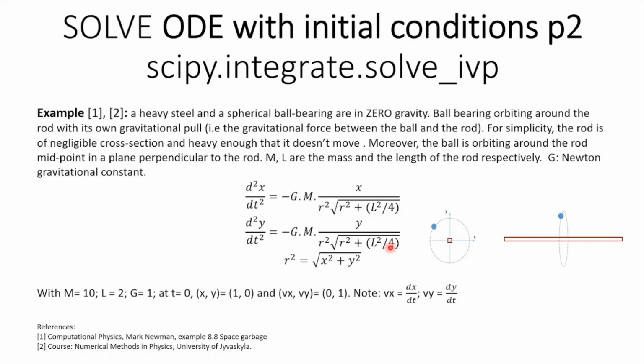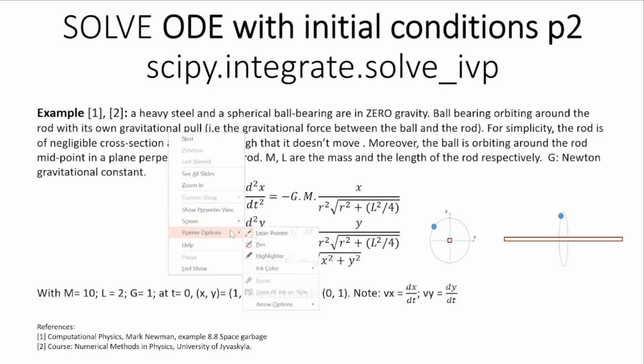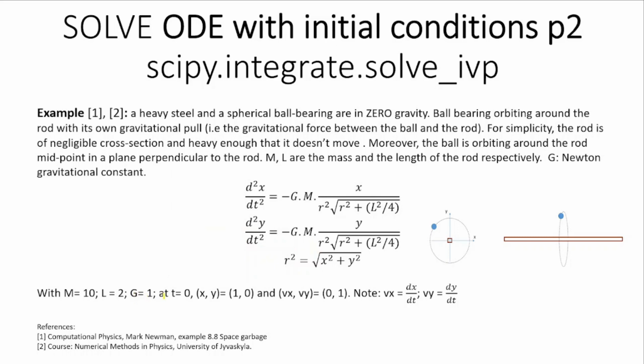However, we have here only the system of ordinary differential equations. We need to have the initial conditions. The initial condition is defined at this point. I will change to the highlighter, maybe it will be better. So this is our initial condition.